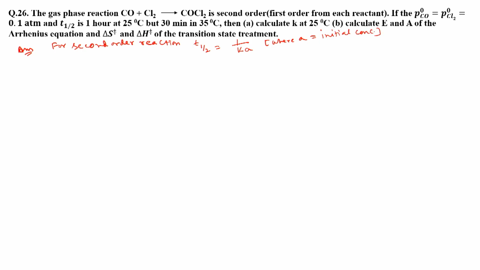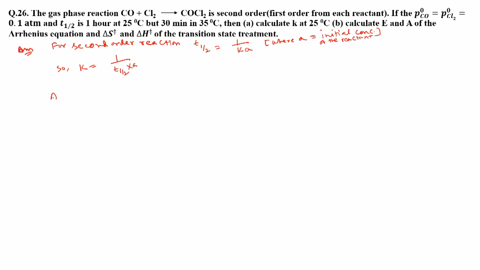As we discussed before, for second order reaction, T half is inversely proportional to the initial concentration of the reactant. So we can write K is 1 by T half times A.